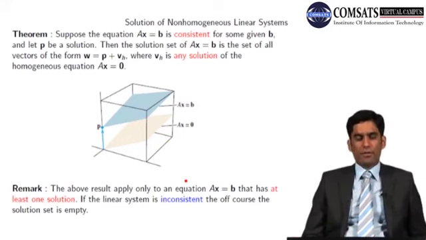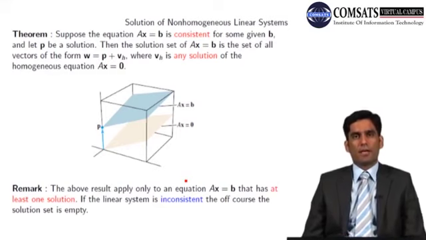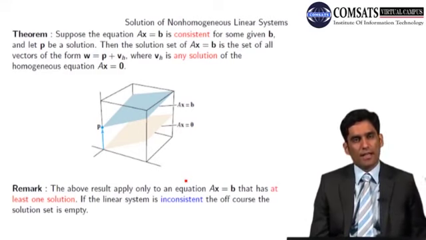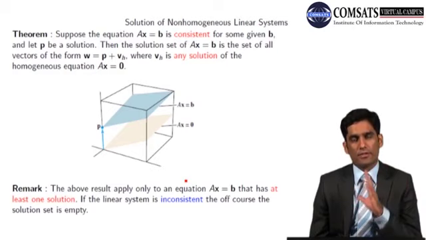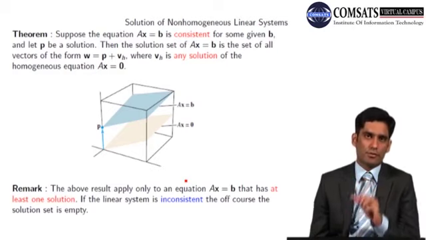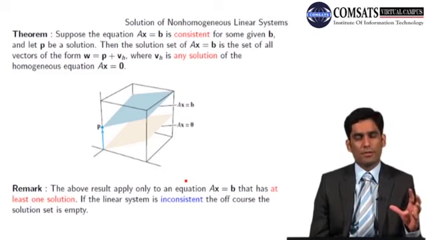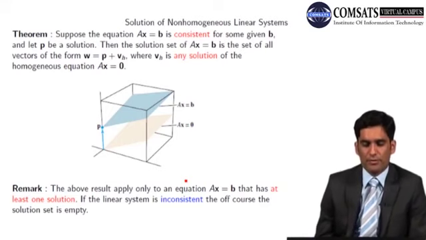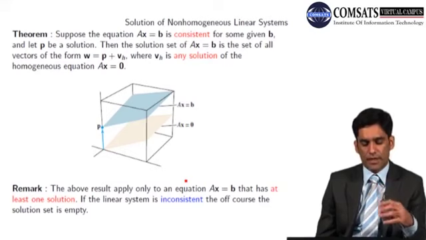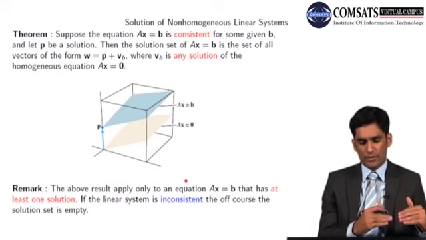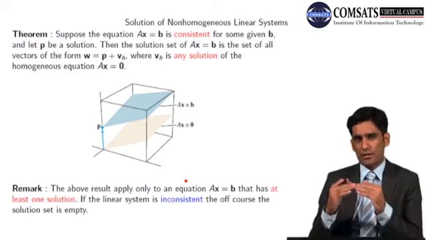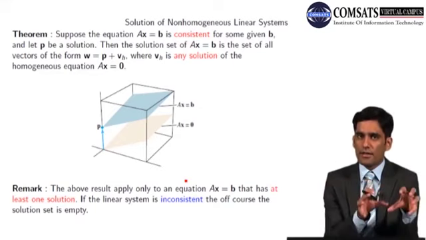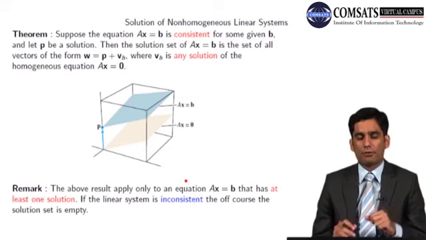What we have observed by solving the homogeneous linear system and non-homogeneous system with the same matrix of coefficients, that is, the LHS is the same, only the RHS differs: for the homogeneous system the RHS is 0, 0, 0, and for the non-homogeneous system we have some non-zero entries on the RHS. And what we have observed is that the solutions of the non-homogeneous system of linear equations are just the translations of the solutions of the homogeneous system by a single vector, which we call P.